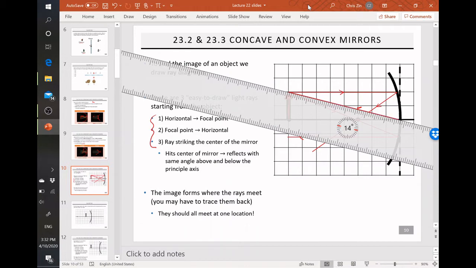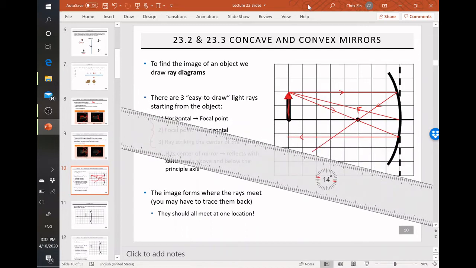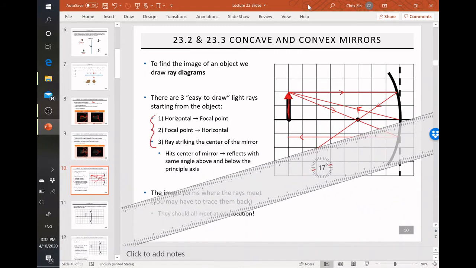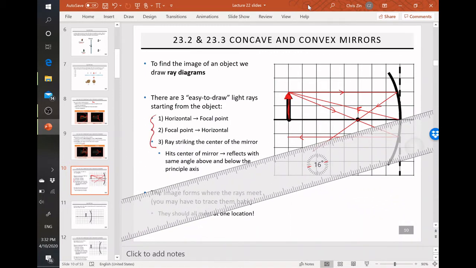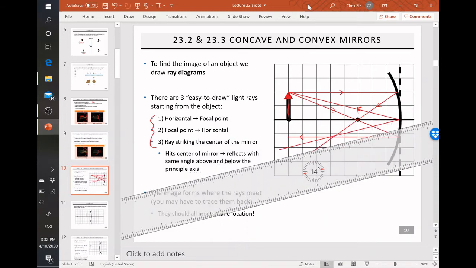And then after this light ray reflects, it's actually going to follow the law of reflection because it hits that one very special point of the mirror. So it's going to reflect off the mirror at the exact same angle that it hit the mirror. And it'll reflect off in this direction.